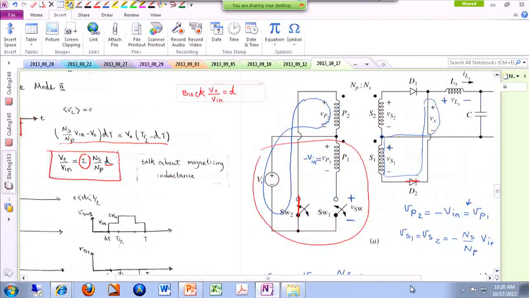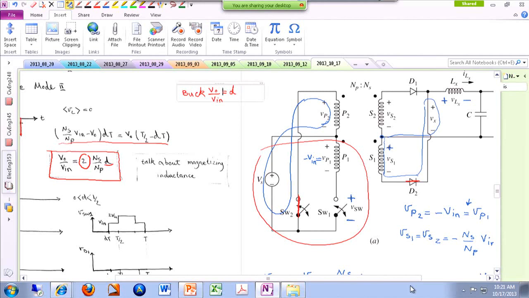The other major difference is here we are using, on the input side, 2 switches, and on the output side, 2 diodes. This is kind of an indication that the stress, especially the current stress, is divided between the 2 switches. So this converter potentially can handle higher amounts of power. For instance, if you have a buck converter that can handle 100 watts, but you wanted to develop a converter that has the same functionality of the buck, but should be able to process 500 watts, you realize 500 watts of power gives you a lot of current stress on your switches.